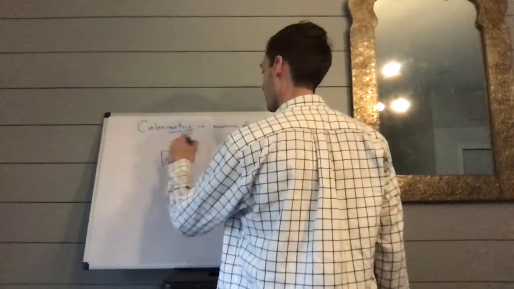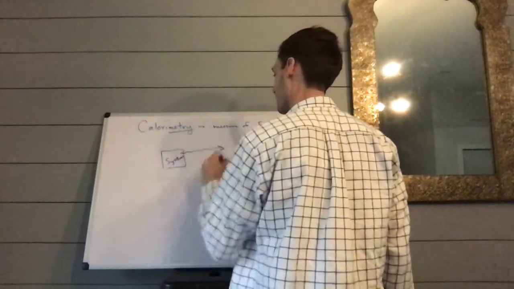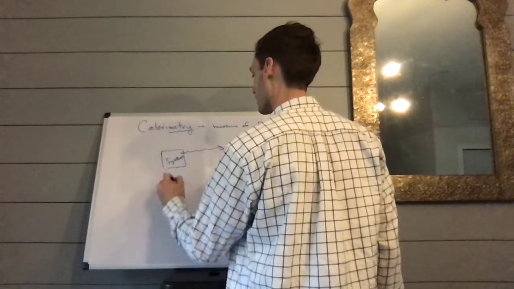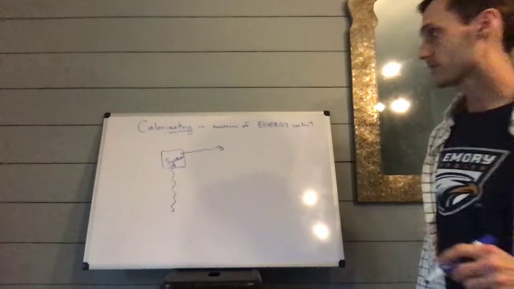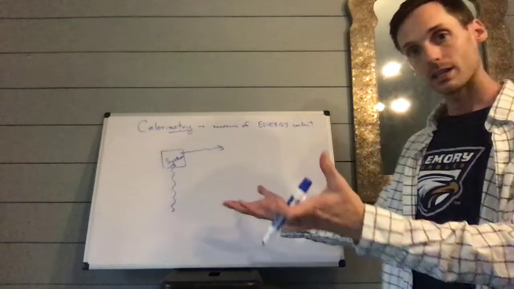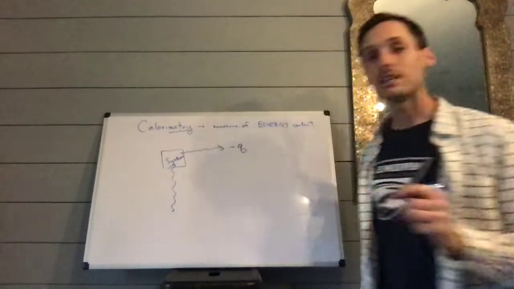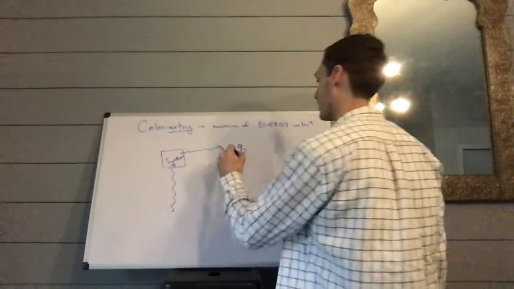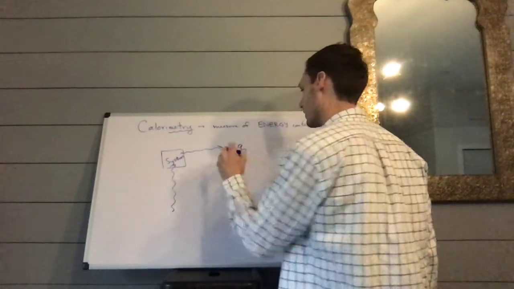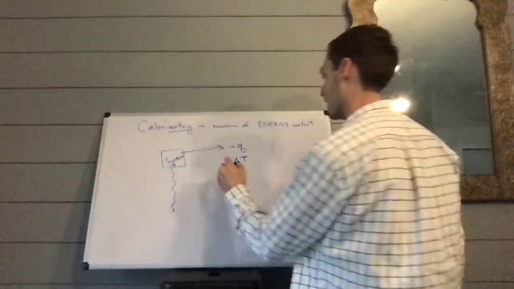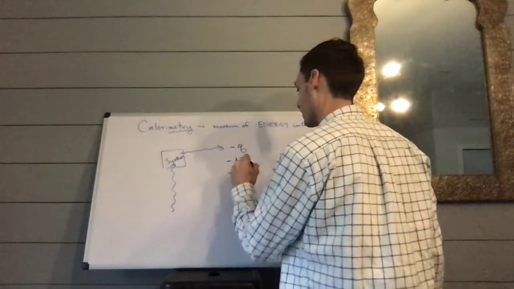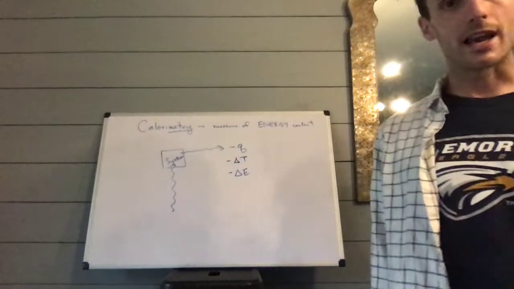Heat can either come out of the system or go into the system. If heat is going out of the system, that would be a negative Q, a negative delta T, and therefore a negative overall change in energy.